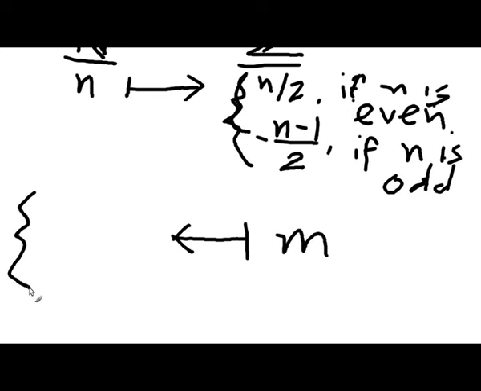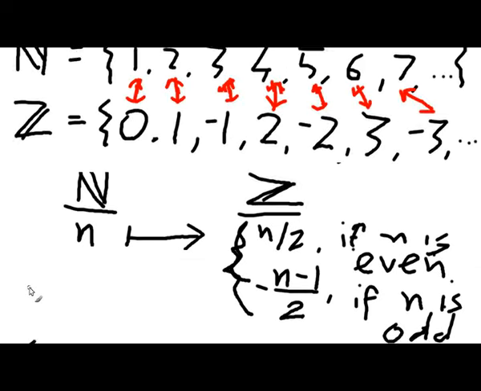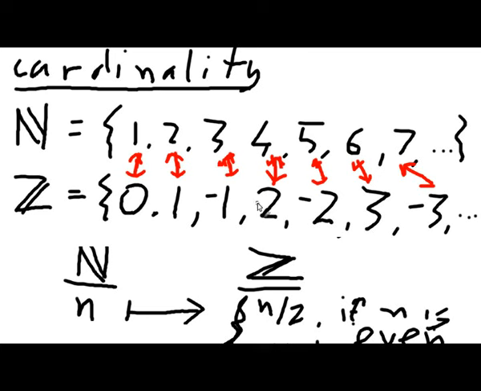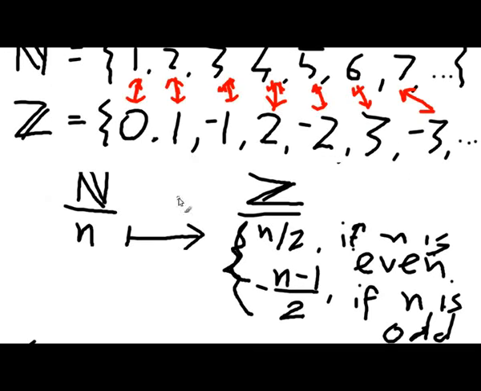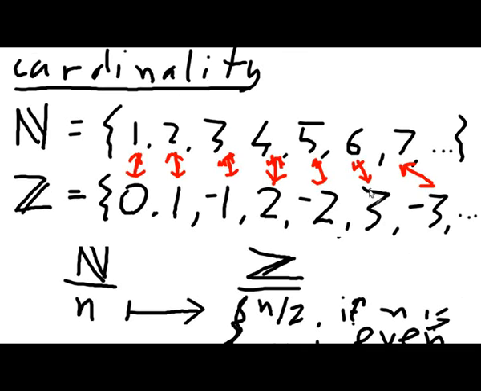If m is positive, say 1 or 2 in the integer, so 2 pairs up with 4, 3 with 6, so it's just the double of that, right? So this is twice m when m is greater than 0. For example, if m is 3, then it pairs up with 2 times 3, which is 6, right?